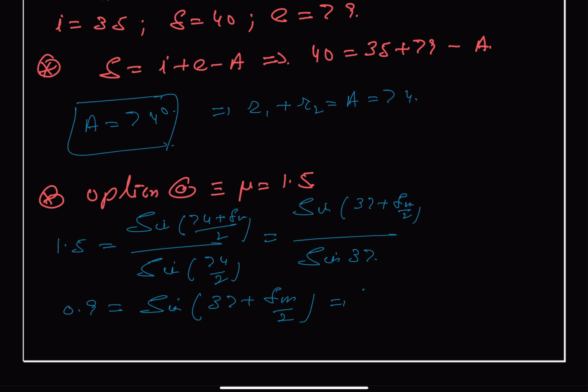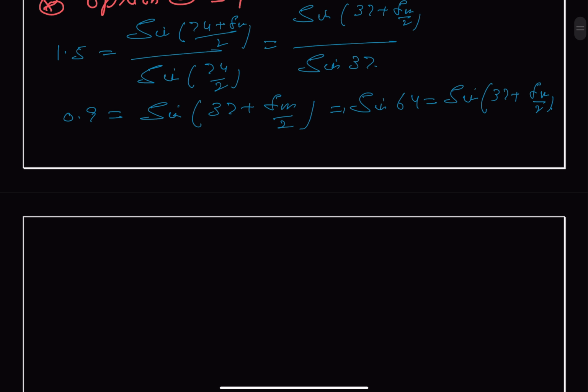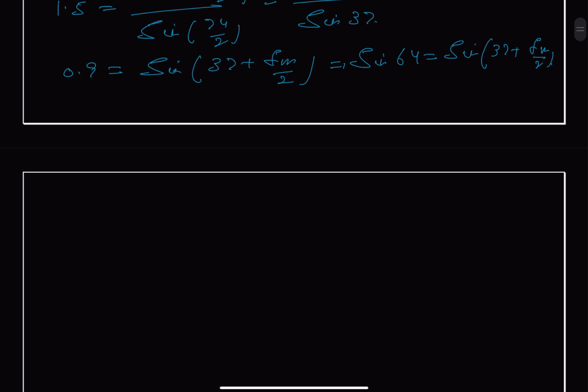So sine of 64 is equal to sine of (37 plus delta m divided by 2). This gives us that 37 plus delta m divided by 2 will be equal to 64. Therefore delta m is approximately 54 degree.